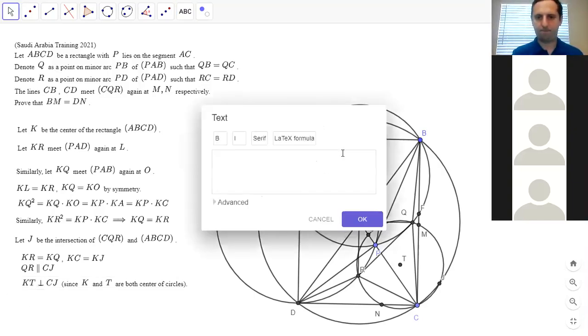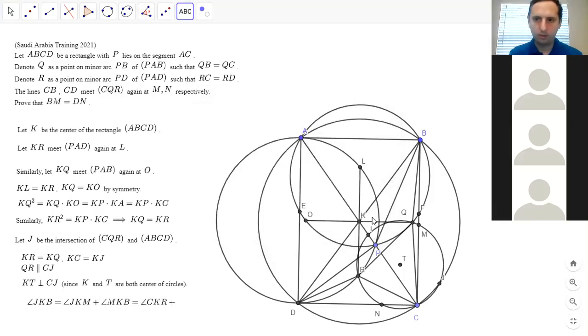And that's equal to angle CKR plus angle CKQ, CKR plus BKQ. BKQ is CKQ.